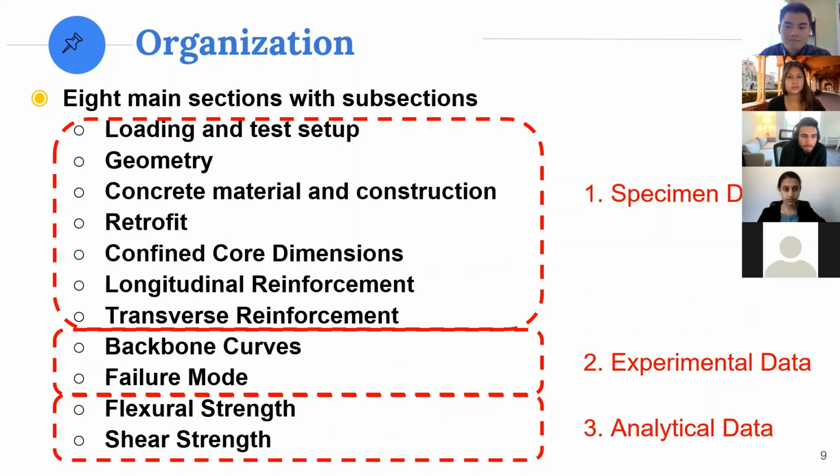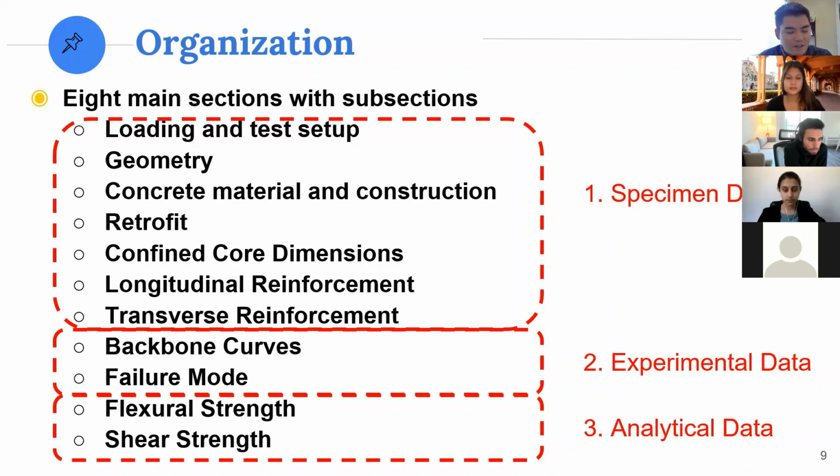And here are the three main categories of data that we collect and compute. Specimen data, experimental data, and analytical data.